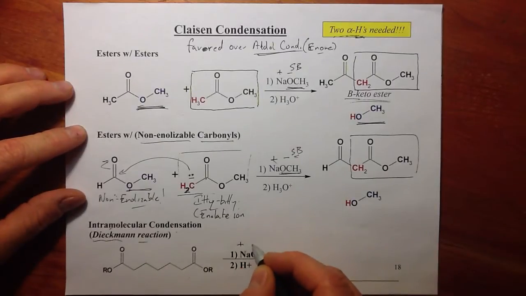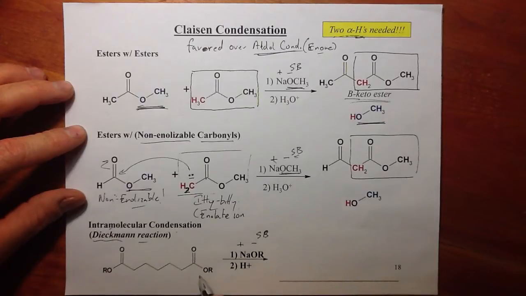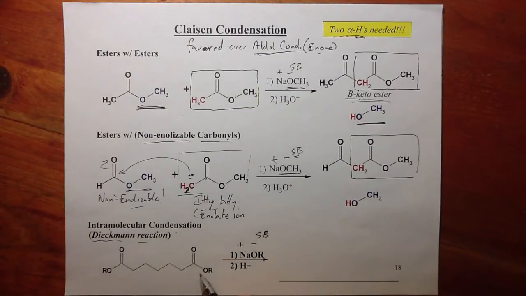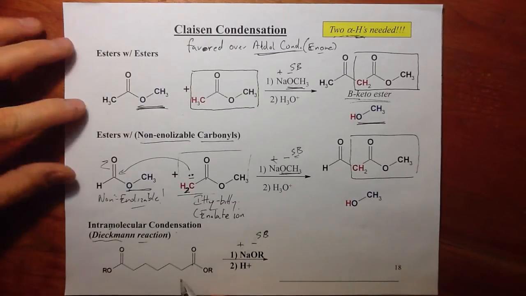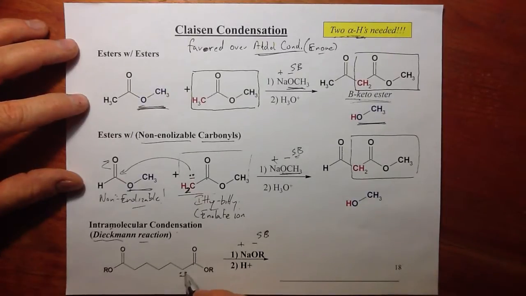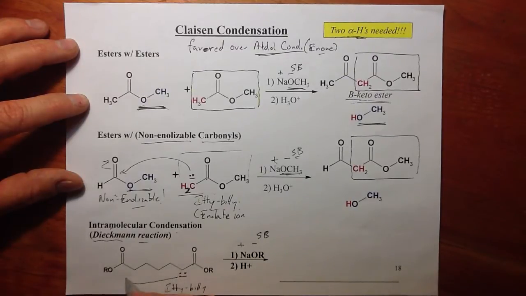This is still a strong base, and we've used OR so that we would never have something new if it attacked the carbon. So as our first step, we're going to attack the alpha protons and make an itty bitty amount of the enolate ion. Now this enolate ion can come and attack itself, an intramolecular condensation reaction.